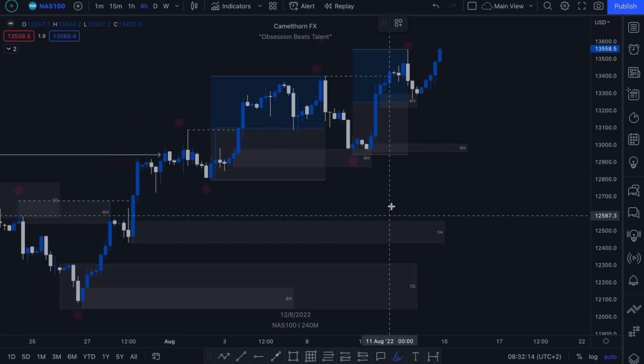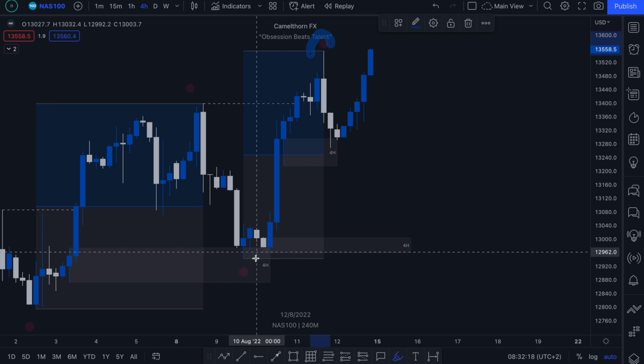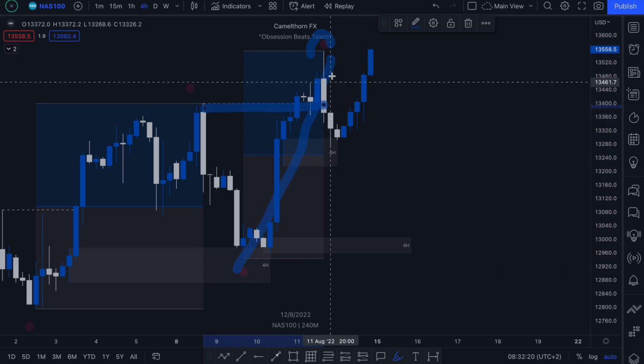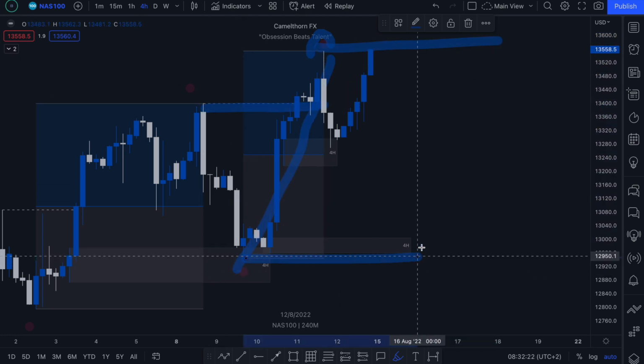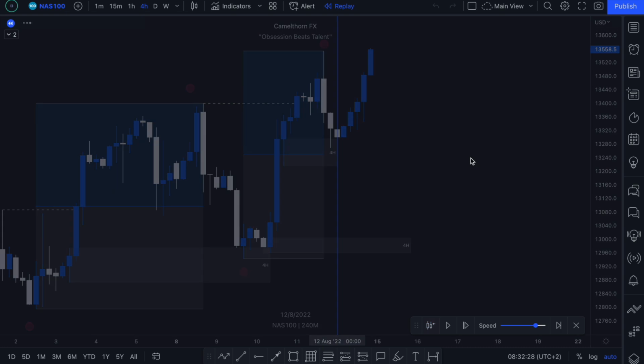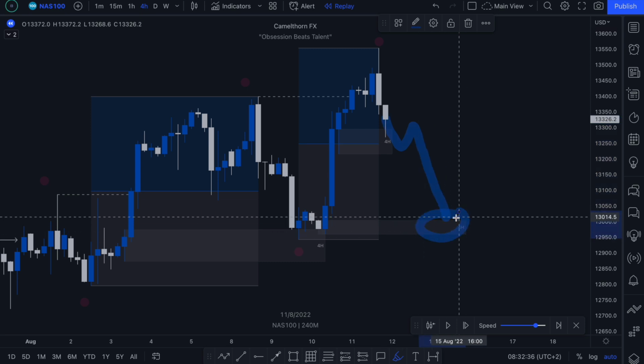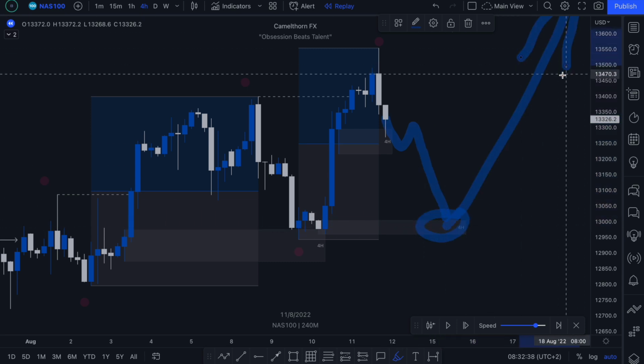So from a 4-hour point of view, if you identify this as your new high and this as your new bullish 4-hour leg, if I just quickly bring on the bar replay tool, essentially what you would have been waiting for is price action to pull back towards something like this before potentially going higher.